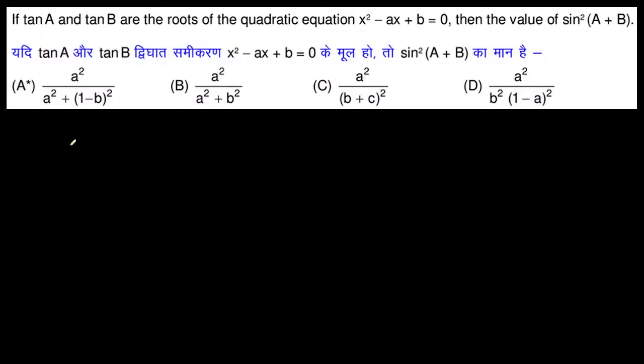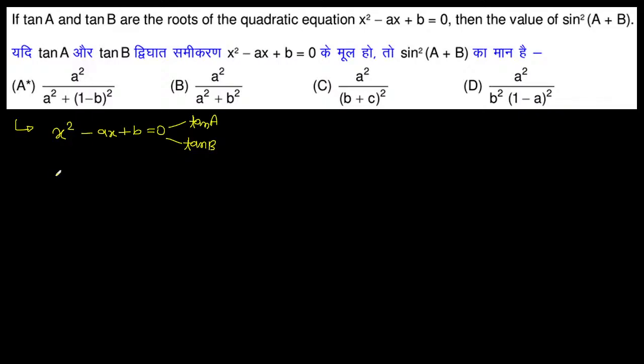In this question, tan a and tan b are the roots of this equation. So how should we be solving? x square minus ax plus b is equal to 0. Roots are tan a, tan b.